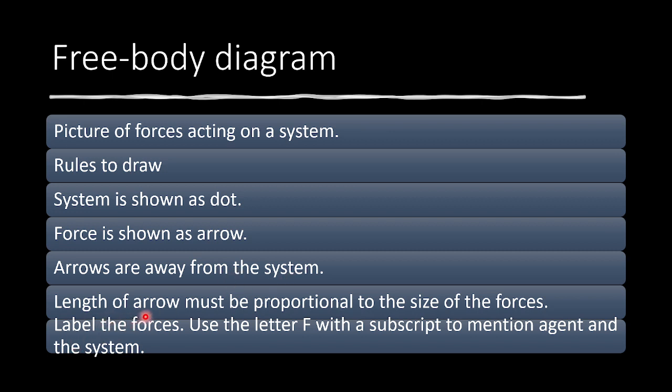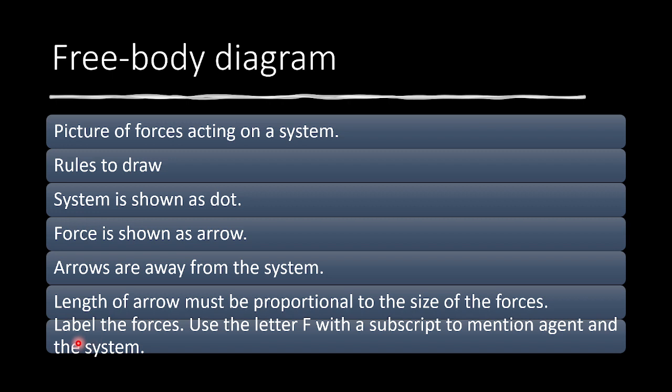Now the length of the arrow must be proportional to the size of the forces. It means if there are two forces, one is 5 Newton and the other is 10 Newton, there must be two arrows. One size will be, for example, 5 centimeter. The other arrow must be 10 centimeter.